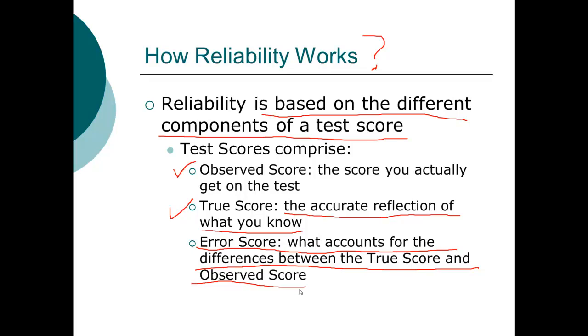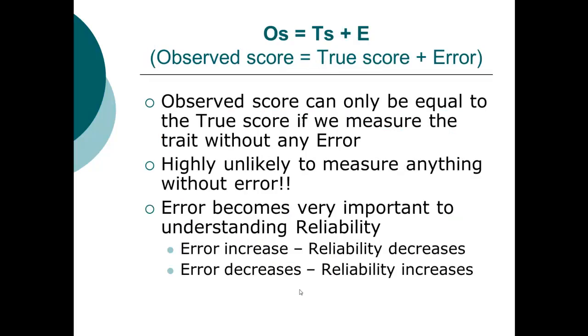So we'll go ahead and move on to the next slide here, which is sort of a little mathematical representation: the observed score is equal to the true score plus the error.